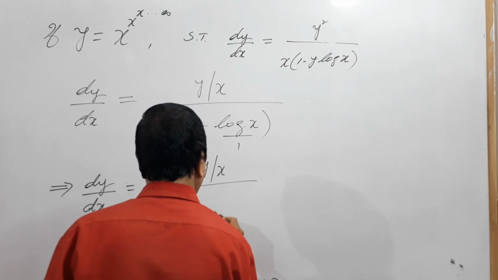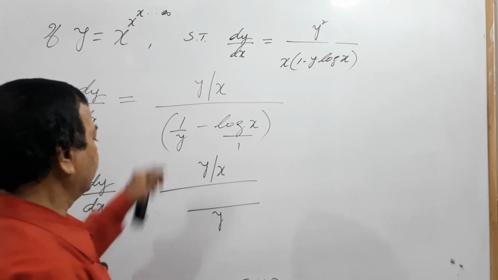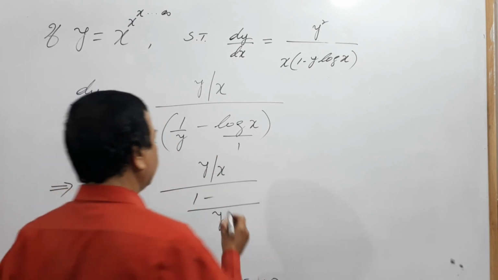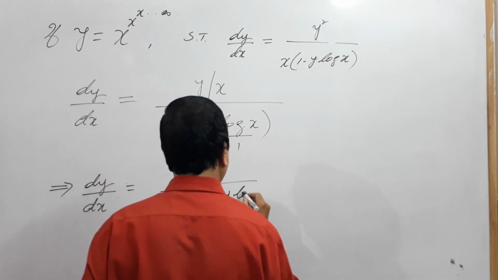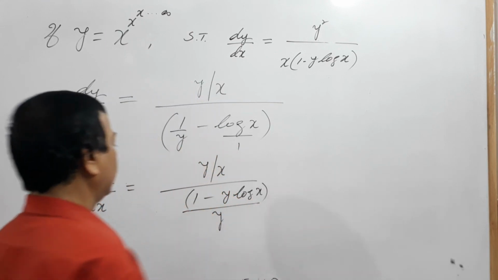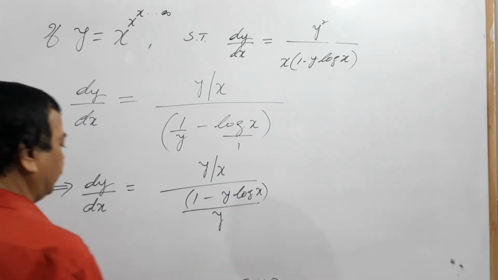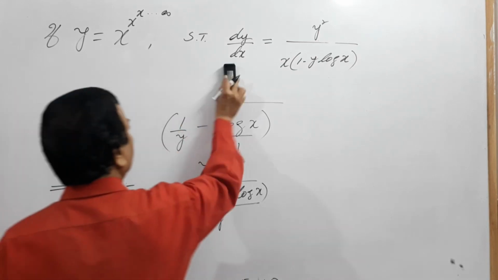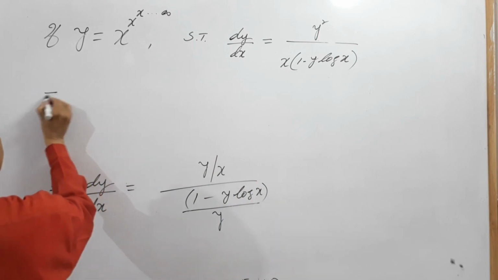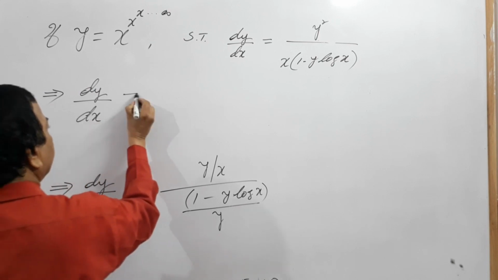I'll take 1 here. y is the LCM. y goes 1 time, so this becomes 1. 1 goes y times, y into this becomes y into log x. Now dy by dx equals what?